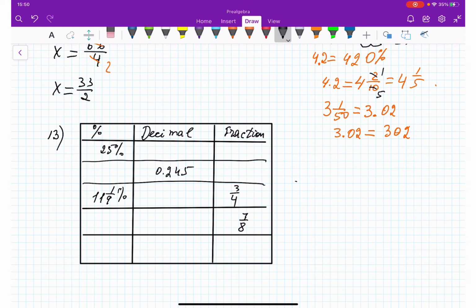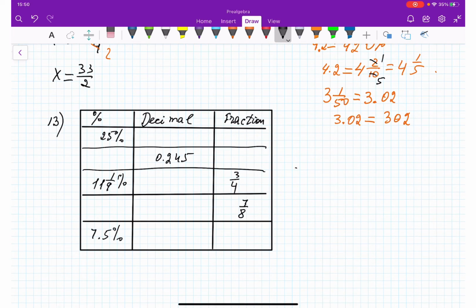And we have 7.5%. Okay. So, what we are going to do here, we need to convert everything: percentage into decimal into fraction. All right.